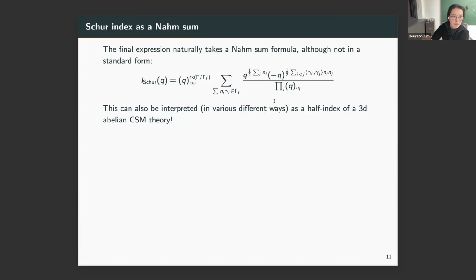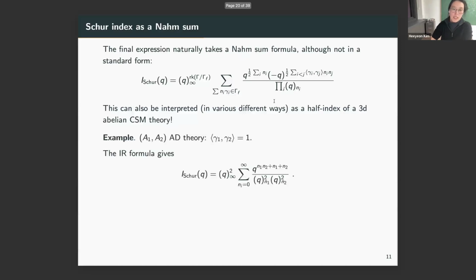So here I also include the particle and anti-particle. So it in fact simply becomes the ordinary sum over just the positively charged BPS particles. Oh, okay, cool, great, thanks.